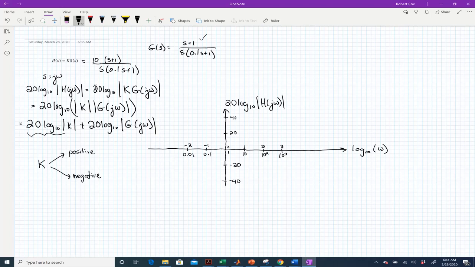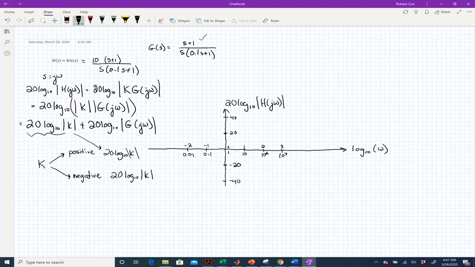If K is negative, we're taking the absolute value of it anyway. So whether K is positive or negative, this term still becomes 20 log 10 of the absolute value of K, still a positive number. That's what I shift up by.